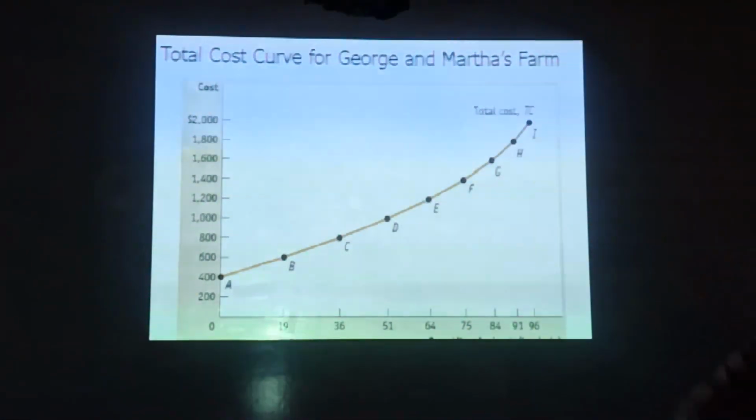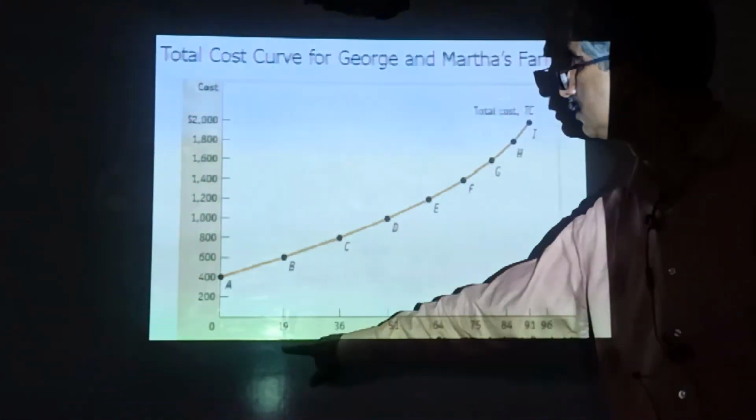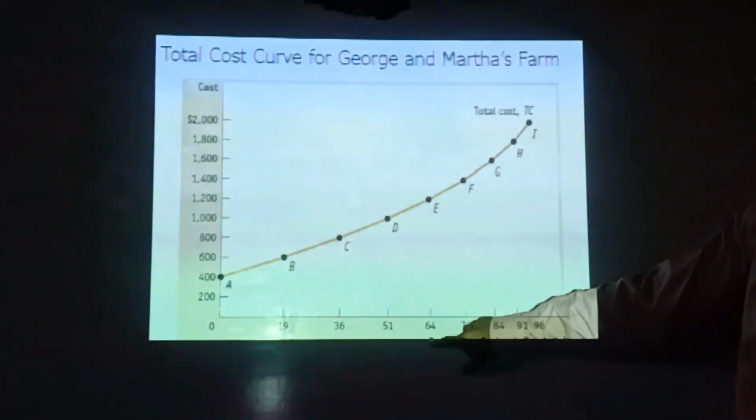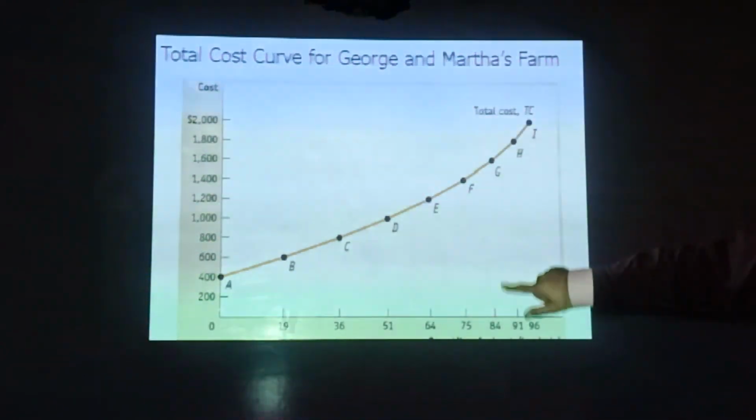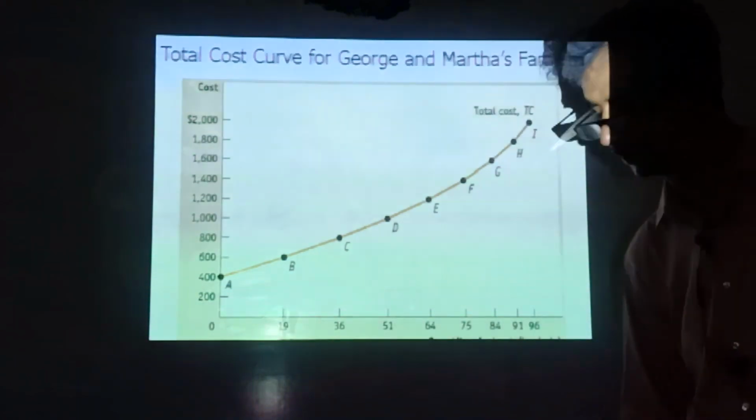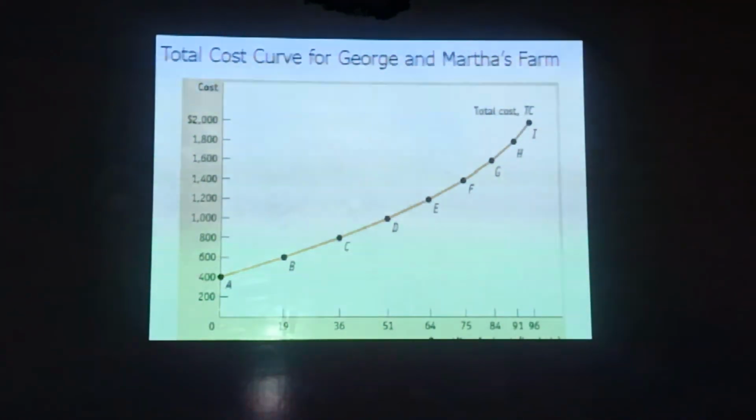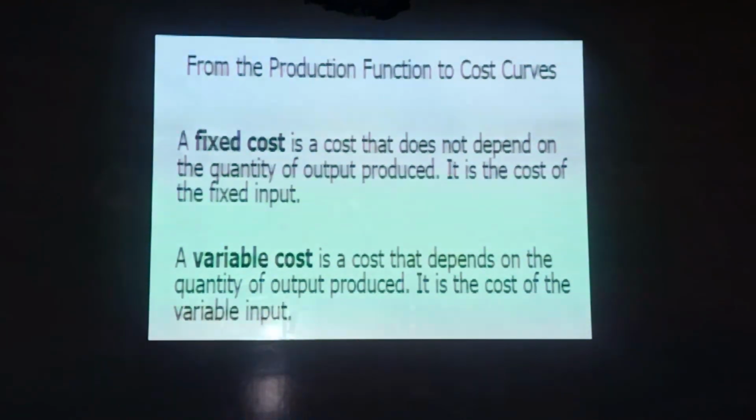Output is decreasing. You can see cost is increasing, but output is decreasing with a degree. It is also increasing but with a decreasing rate.